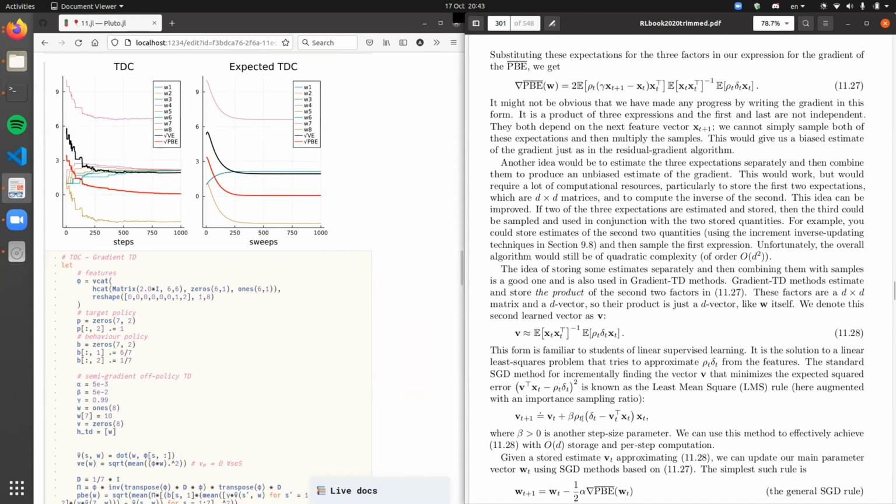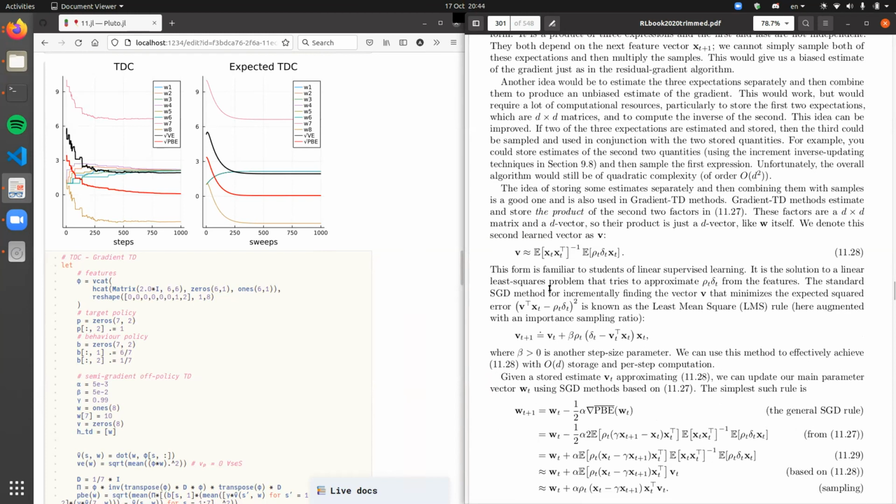And here is an update rule to compute this vector v iteratively. We have some learning rate parameter, and then we just do this kind of update. This is similar to a least squares problem, by the way. They mention here that this is a least squares problem, right?